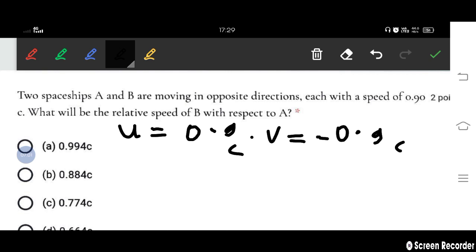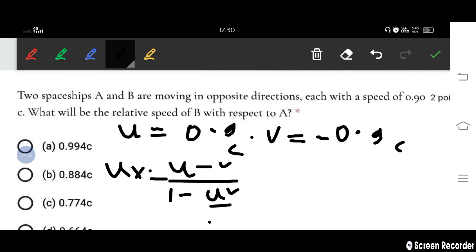By mistake I have not written over here c. C is also given over here. So here ux will be equal to (u minus v) upon 1 minus uv upon c square.